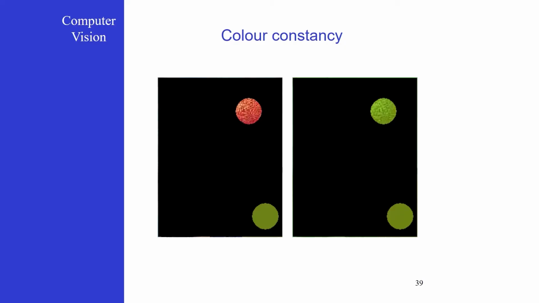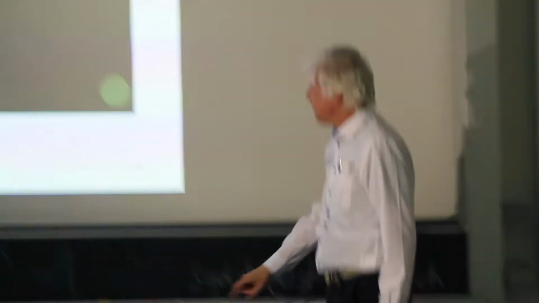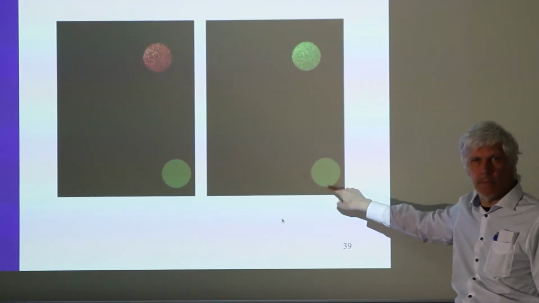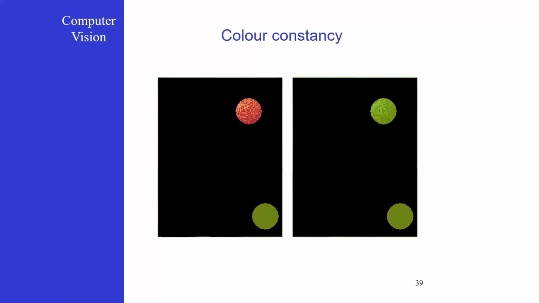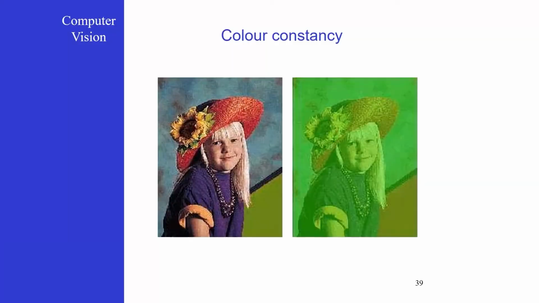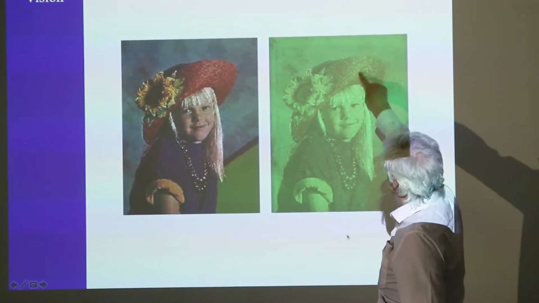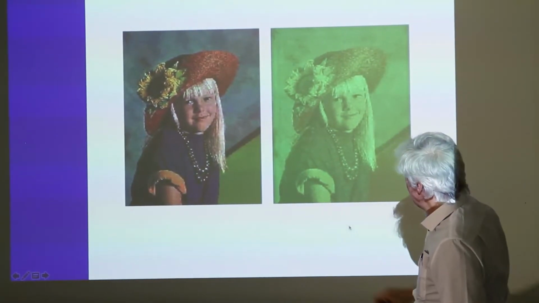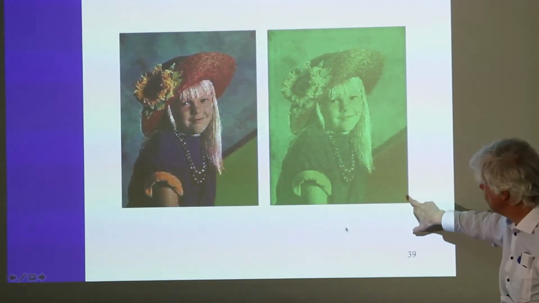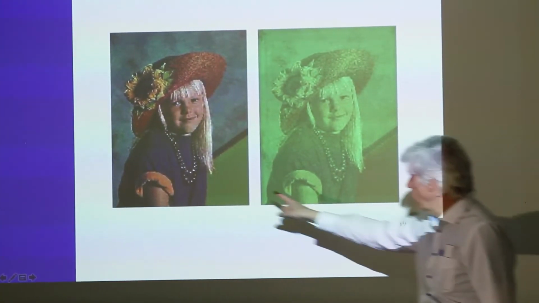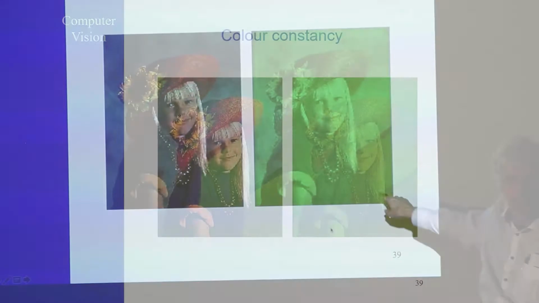Whereas the background seemed to change color between the two parts, but actually, objectively, the color is exactly the same. Going back to the original, here we can see this is red, but actually, objectively, it's green. Here the background seems to be different. This seems to be red, that seems to be green. Objectively, the color has not changed at all.